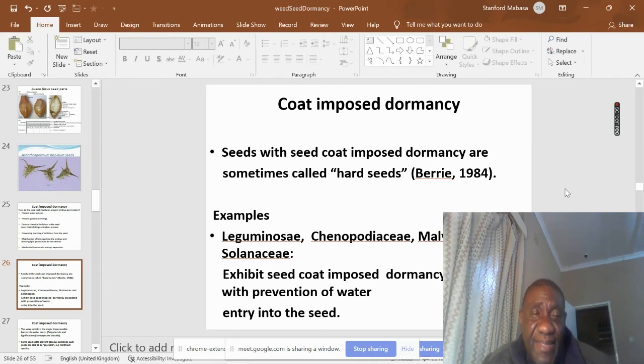We have got plant families where we find hard seeds. We have got the Leguminosae, the Chenopodiaceae, Malvaceae, and Solanaceae families. These exhibit seed coat imposed dormancy associated with the prevention of water entry in the seed.